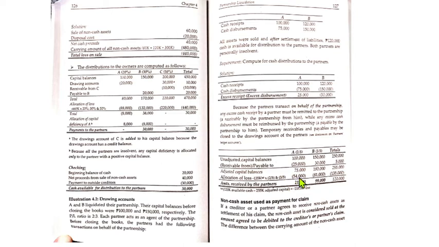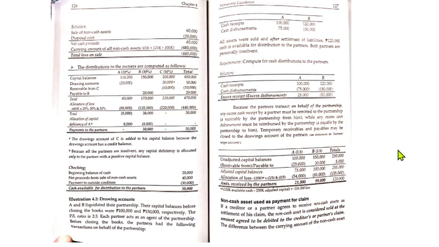So yun po yun, 54 and 81,000. Then, 75 minus 54 is 21,000. Yun na lang ang amounts to be received by A and 99,000 amounts to be received by B. Is this what is required? Compute for the cash distribution to the partners? Yes. The answer is 21,000 and 99,000 for A and B respectively.